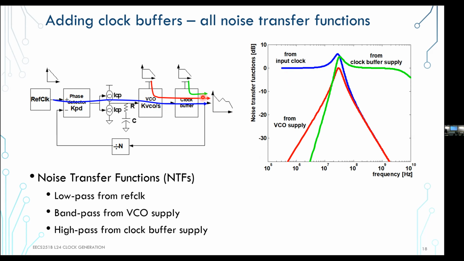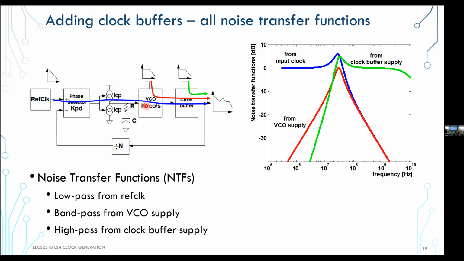Now, what I'm actually interested in is the noise transfer function from the supply to the output. So there's an additional little transfer function. How does the supply voltage transfer into the timing error of the VCO element? Then how does that timing error affect the overall VCO phase noise?